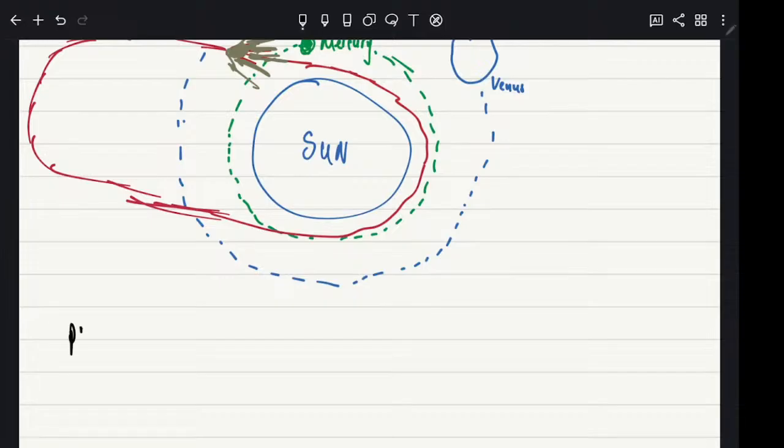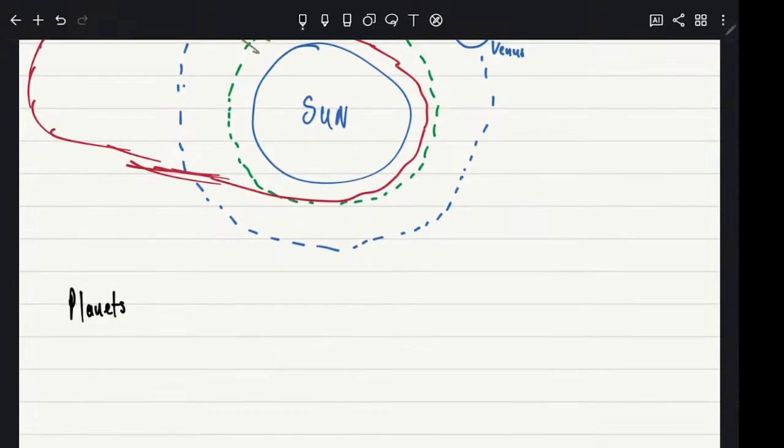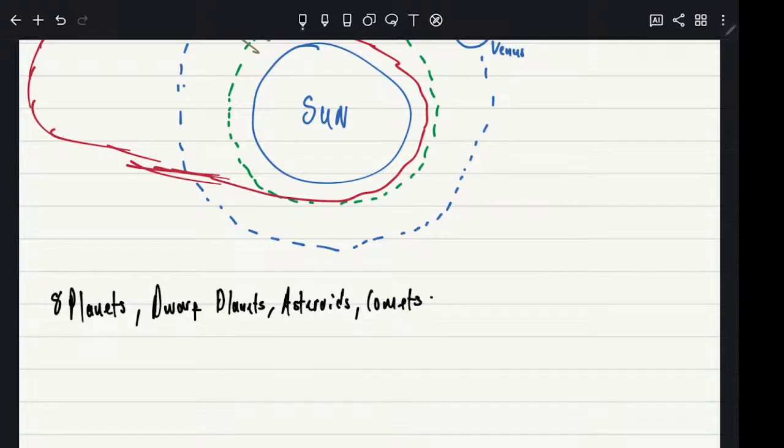So, planets, the 8 of them. Any planets, 8 planets, dwarf planets, asteroids, comets, they orbit the sun. They go around the sun.